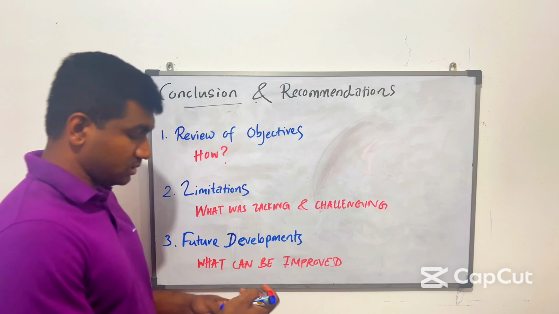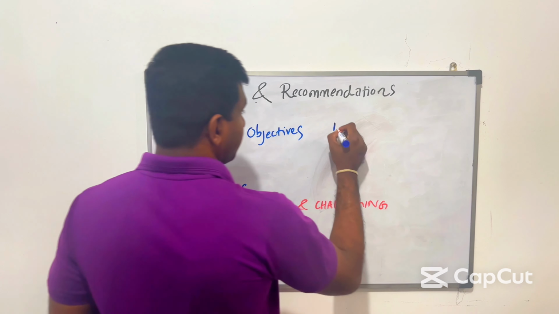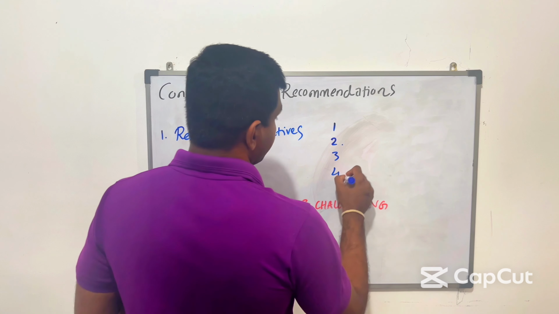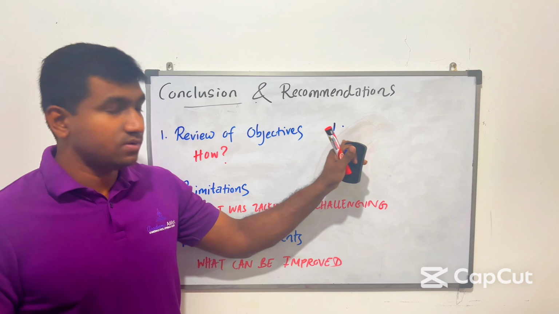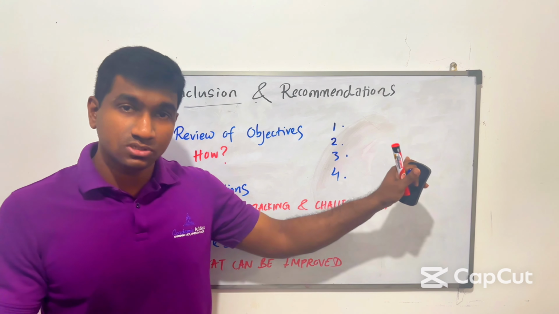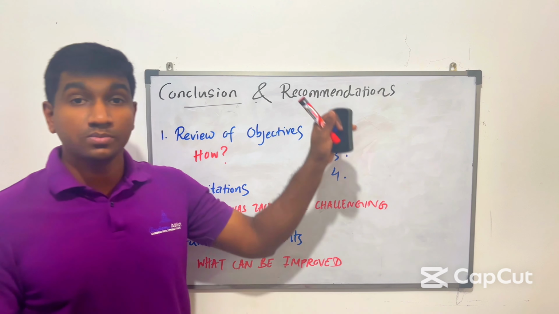Now, for example, we had 4 objectives. The first one was about critically evaluating literature pertaining to 2 main variables.